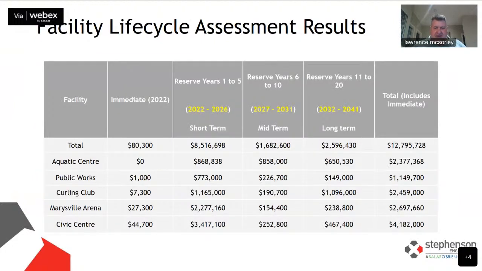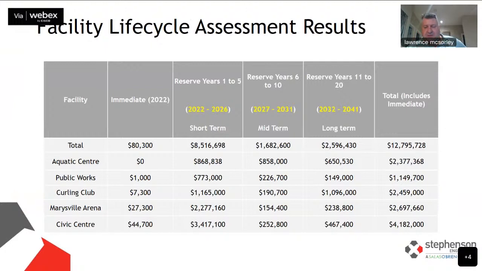So the immediate items are some studies that we've identified. In many of the buildings, there were accessibility studies that we recommended. There are a few cases where there are some structural studies to get done as well. Short term is the next 5 years, the midterm is years 5 through 10, and the long term is years 10 through 20.